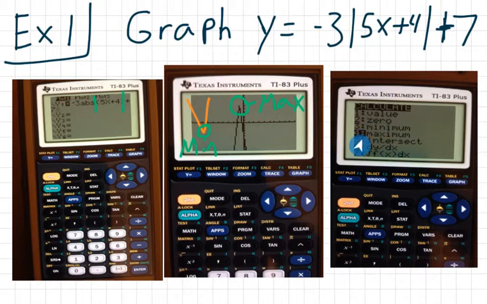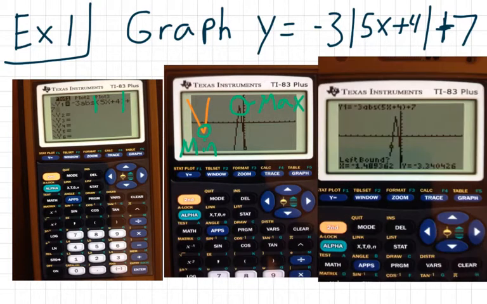Once you do that, you get a screen that looks like this. You're going to see a cursor somewhere on your screen, and it's going to ask you the question, left bound? What you're going to do is just move your cursor over until you're left of the vertex. So the vertex is right here. Get your cursor somewhere to the left. You see right here I got to the left, then press enter.